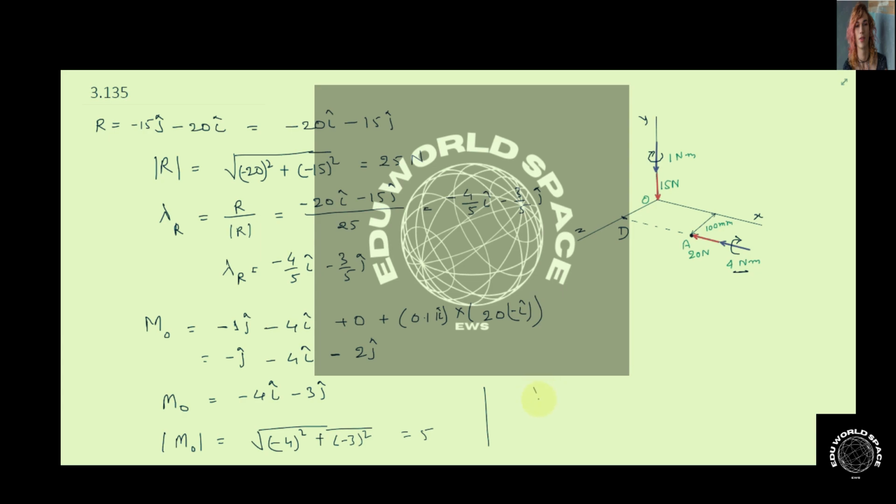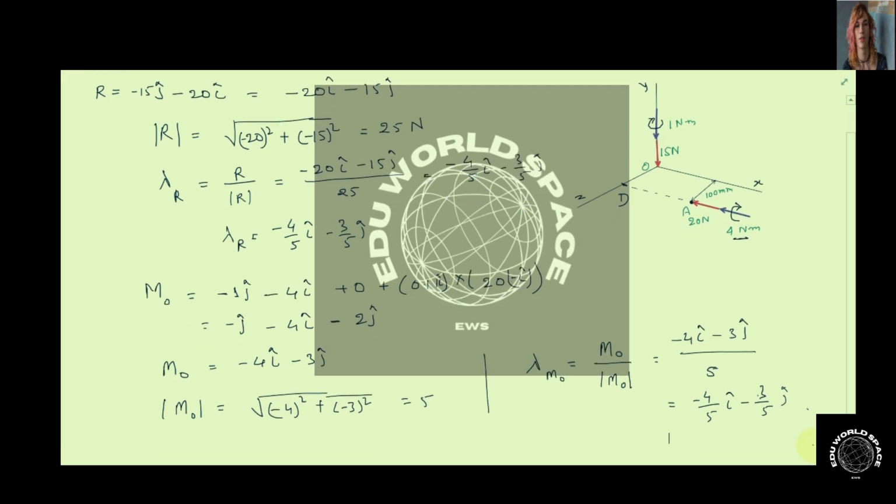And now we want to calculate the unit vector along the equivalent moment, and it will be the equivalent moment divided by its magnitude. The equivalent moment is minus 4 i cap minus 3 j cap divided by 5, and it comes out to be minus 4 by 5 i cap minus 3 by 5 j cap.